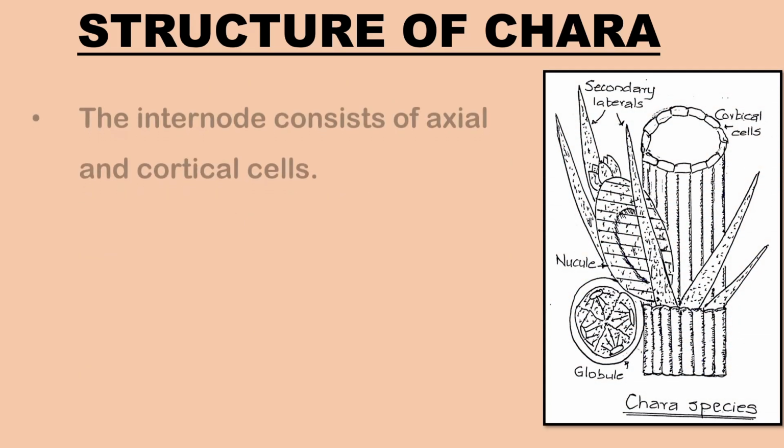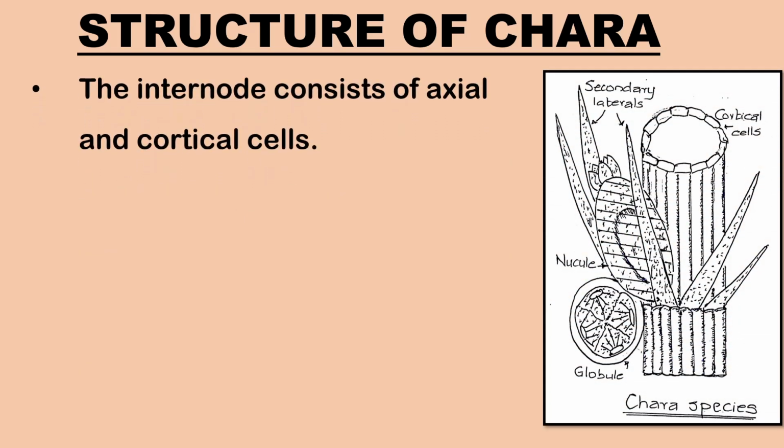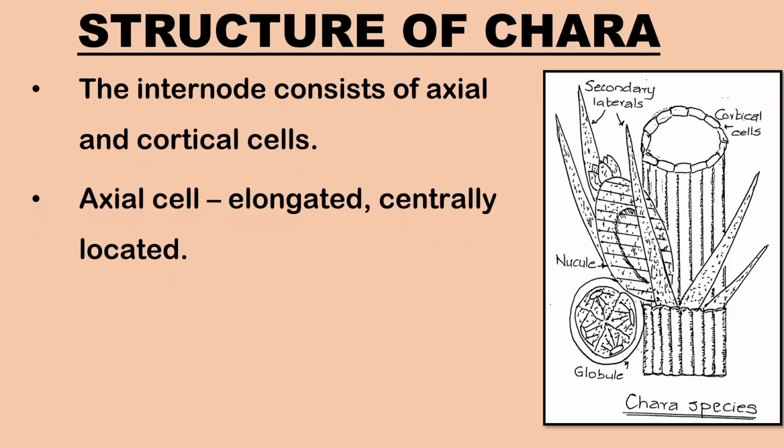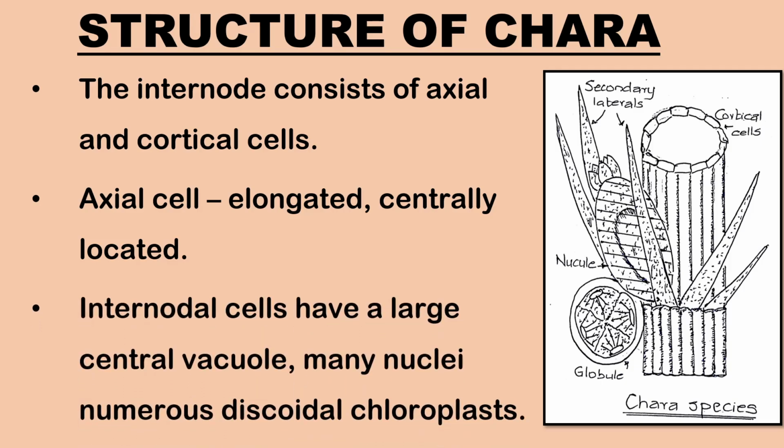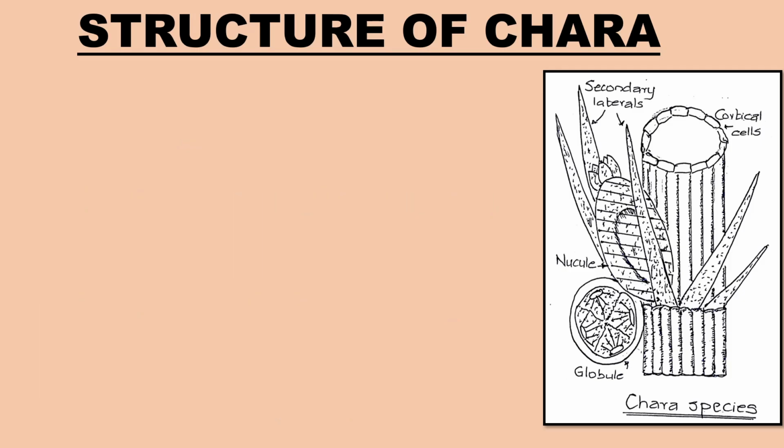The internode consists of the axial cell or internodal cell and the cortical cells. The axial cell is an elongated, centrally located, cylindrical cell. The internodal cells have a large central vacuole, many nuclei, and numerous discoidal chloroplasts.